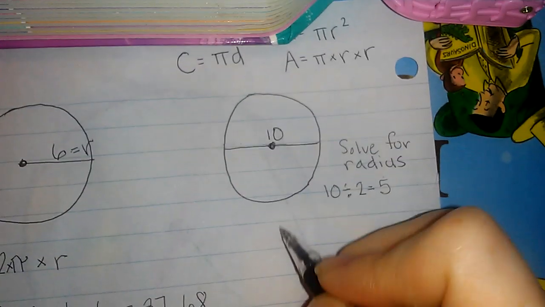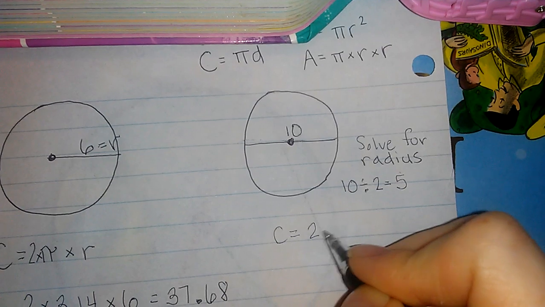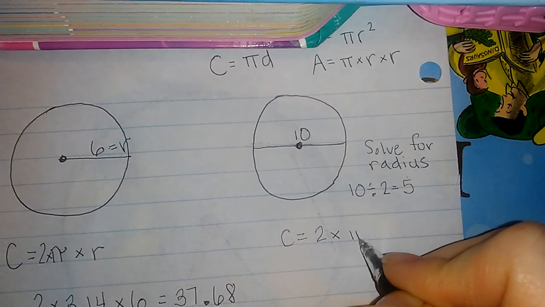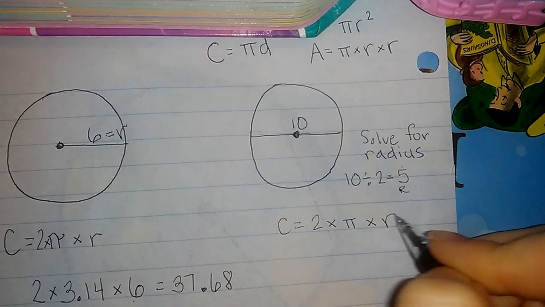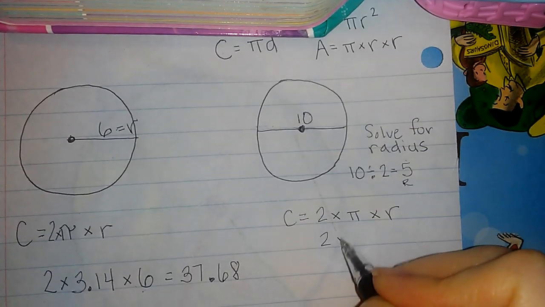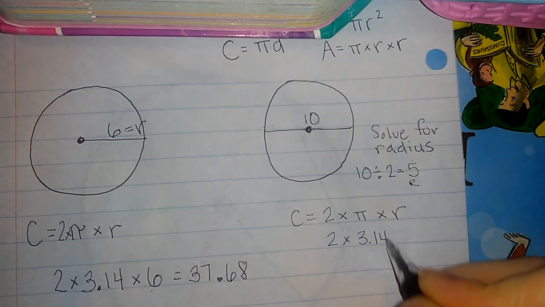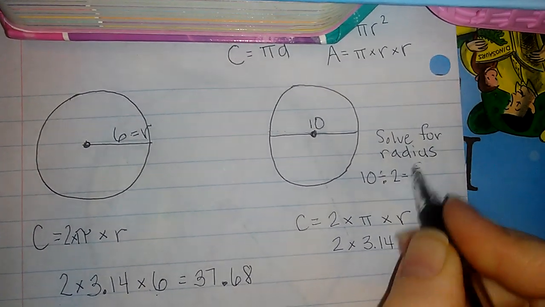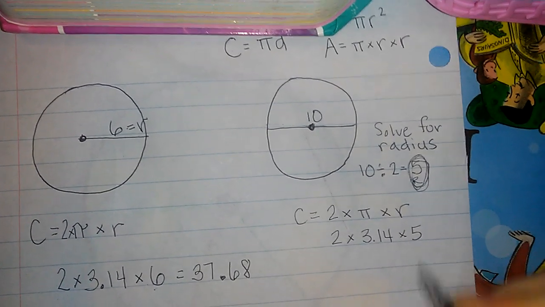Let's start with our circumference first. We have 2 times pi times r now. I'm going to plug that in. What was our pi? Our pi is 3.14. What was our radius on this one? Our radius is 5.